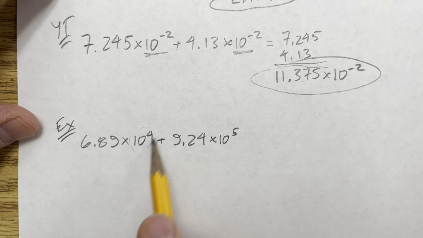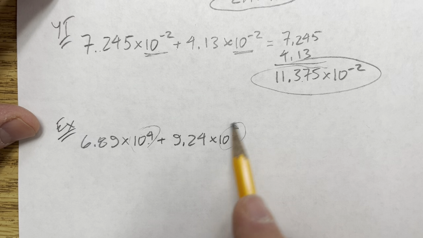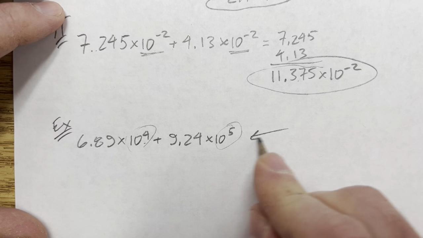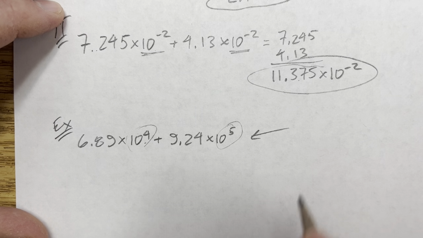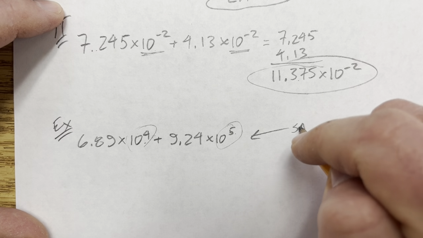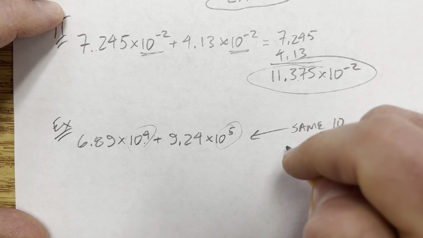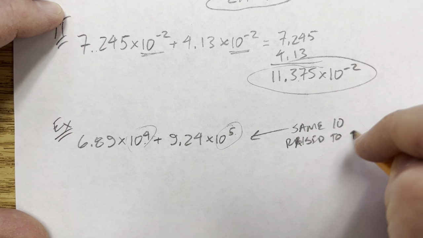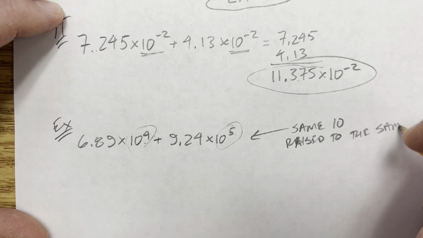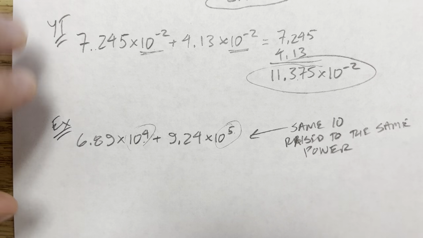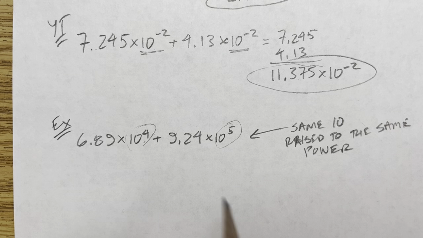Notice here, raised to the 4th power, raised to the 5th power. We need to make sure we have the same 10 raised to the same power. They need to have the same exponent in order to add them together. I can't add them as they are right now.